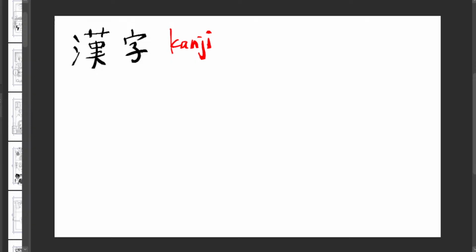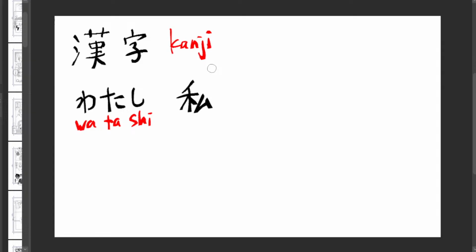I don't know about you, but many people who learn Japanese start to hate kanji because it's so hard to write. For example, watashi. This is how you write it using hiragana, watashi, and then you have kanji. Okay, this is watashi in kanji.